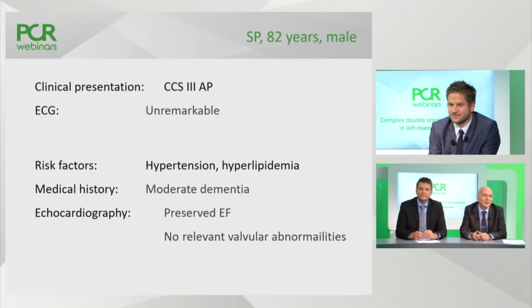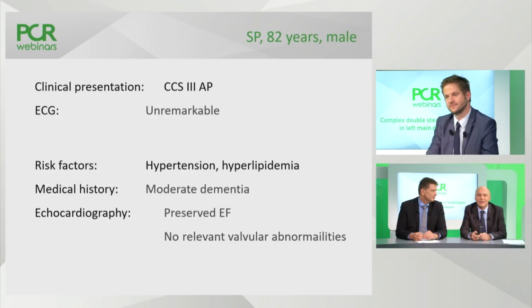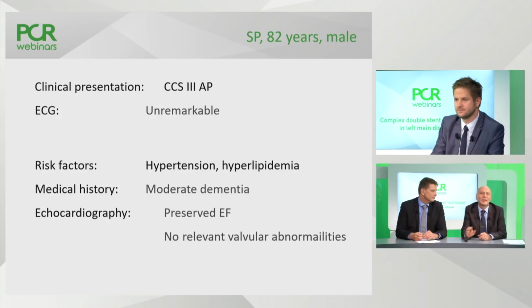So case number 2. This is again an 82-year-old, but this time a gentleman. This is not an acute coronary syndrome. This is stable disease, exertional angina. Another major difference is that this patient had moderate dementia and preserved left ventricular ejection fraction.